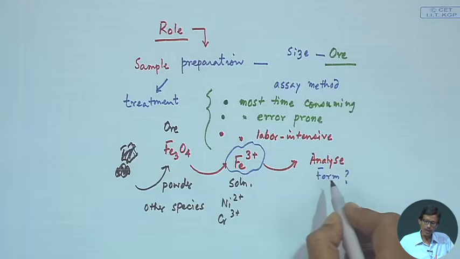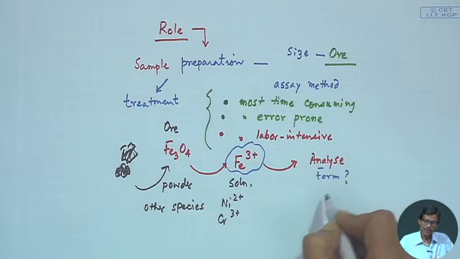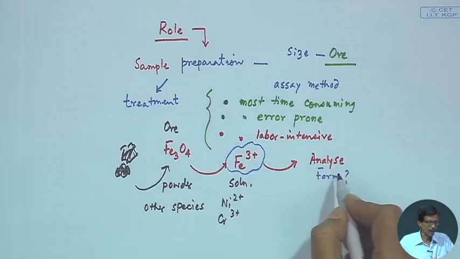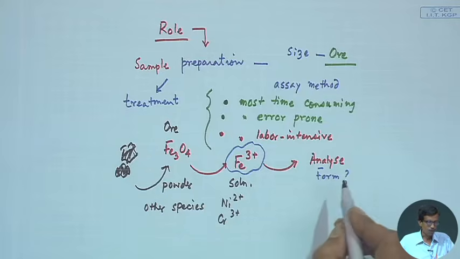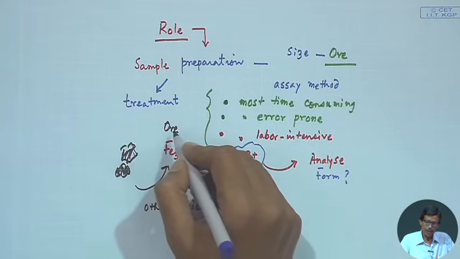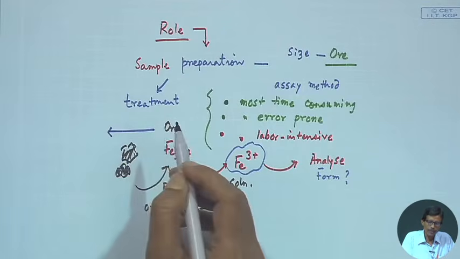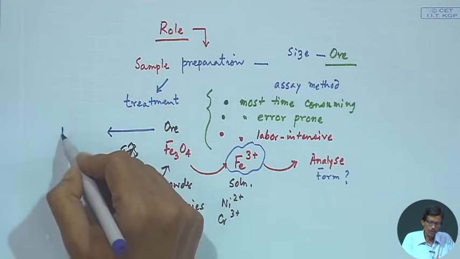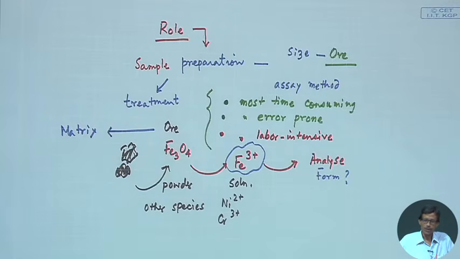So, the form of this particular analyte is important for a typical assay process. If we get a complex ore, and sometimes it is very complex, we call it the matrix.